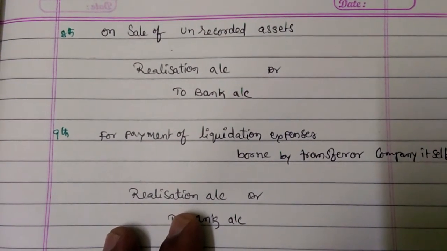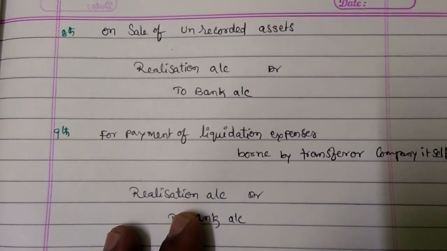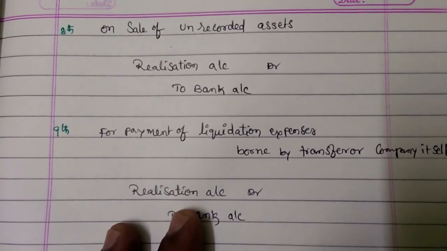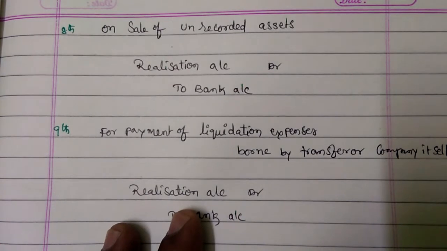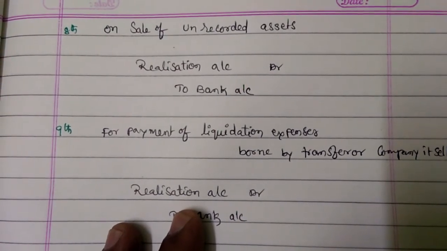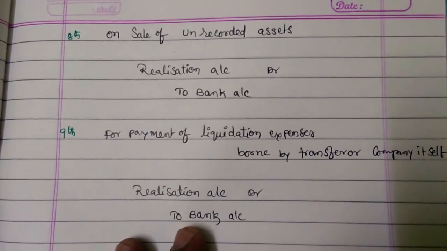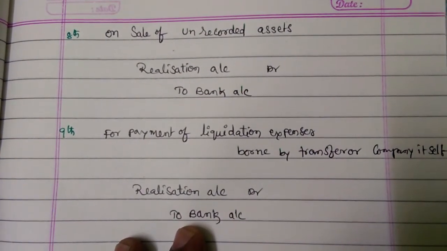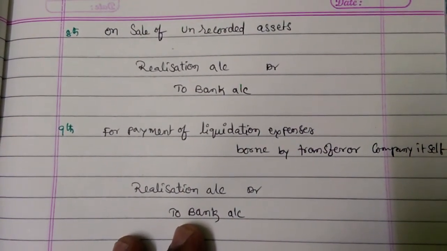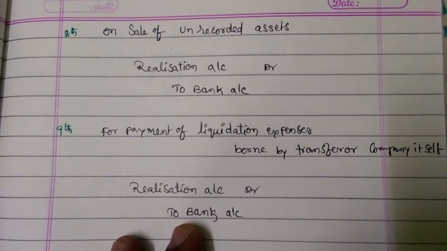Next entry, on sale of unrecorded assets. If sometimes assets are not recorded in the balance sheet, then the assets are sold in the open market: bank account debtor to realization account.